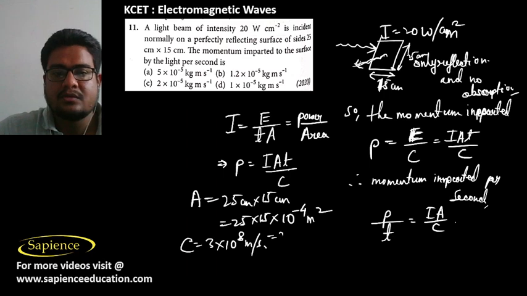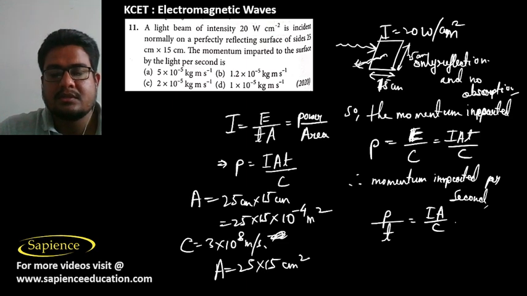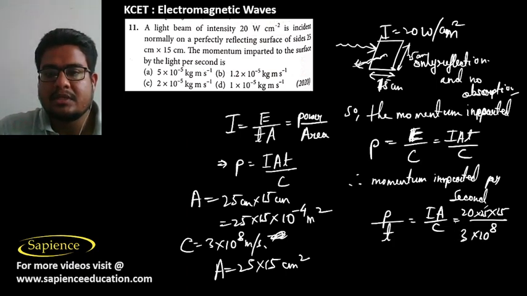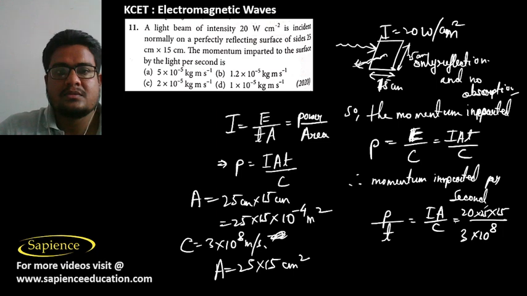So I into A will be 20 into 25 into 15, and I into A by C is divided by 3 into 10 power 8, in kg meter per second.